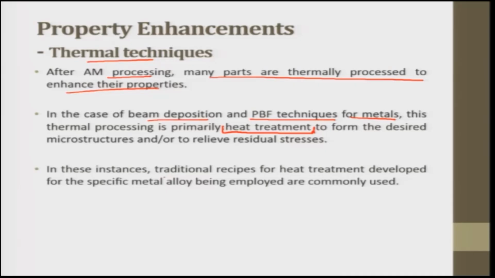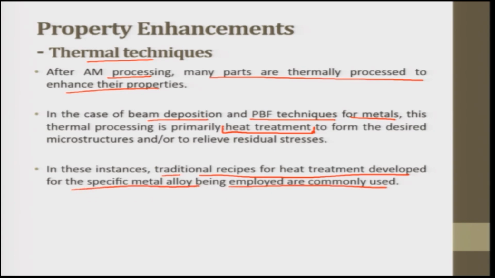So this heat treatment is more prominent in the case of metals. Like we know in general casting and machining processes, where we machine or take off the material, the part has some stresses developed in it. So we do certain heat treatments like annealing, normalizing, spheroidizing. Those kinds of heat treatment can also be done here. In many instances, traditional recipes for heat treatment developed for the specific metal alloy being applied are commonly used.